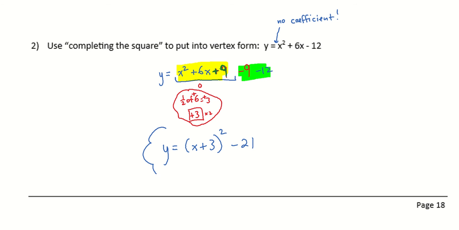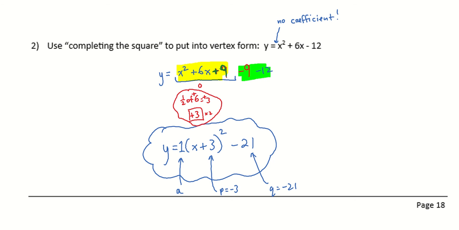Okay, so here we've got the vertex form of a parabola with an a value of 1. Our p value is negative 3, and our q value is minus 21. So here, if we wanted to graph this thing now, we know that the vertex is negative 3, negative 21.